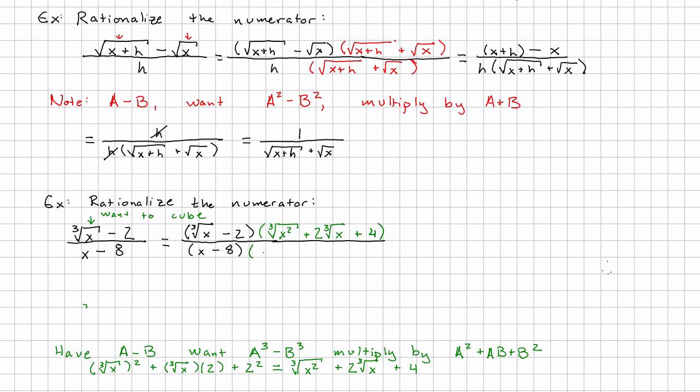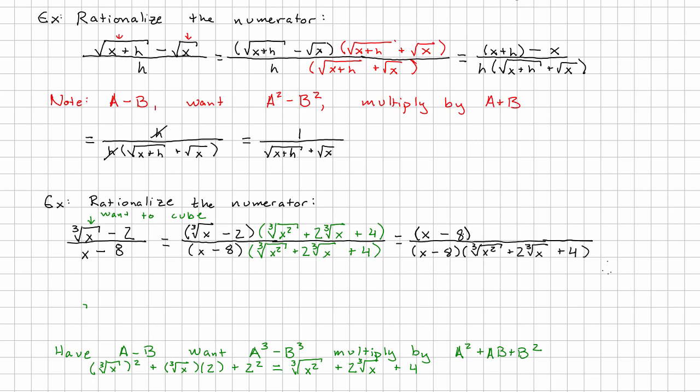Whatever we multiply our numerator by, we have to multiply our denominator by the same thing. So cube root x squared plus 2 cube root x plus 4. So then in our numerator, we'll get cube root x cubed, that's x, minus 2 cubed, so that's minus 8. In our denominator, we've still got x minus 8 times that long thing.